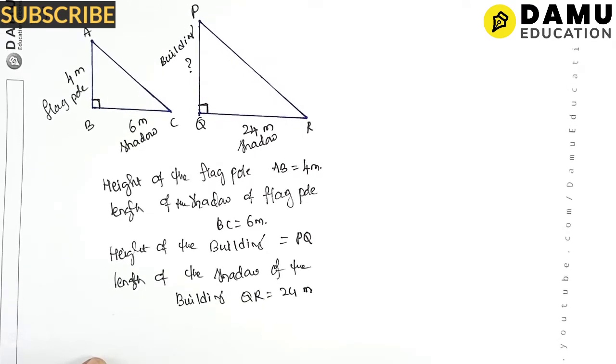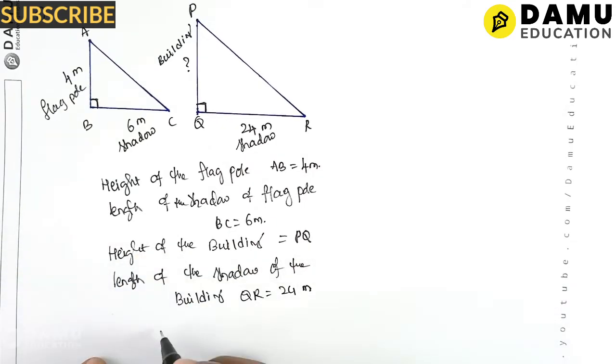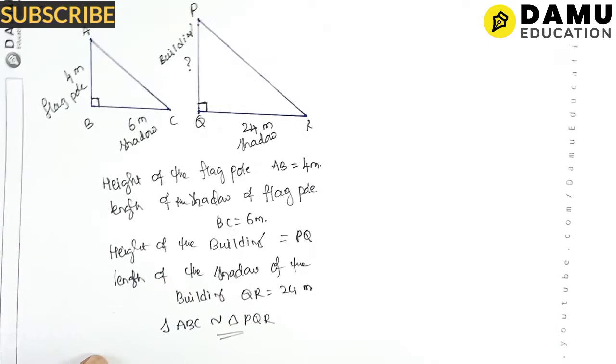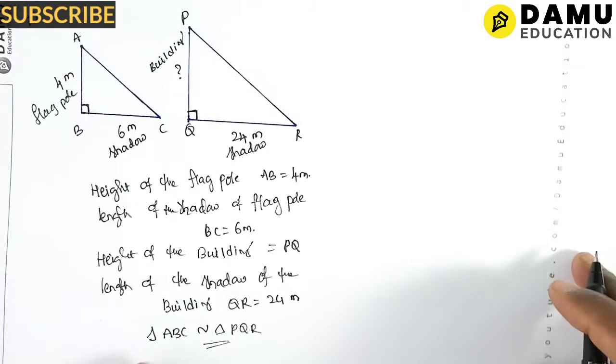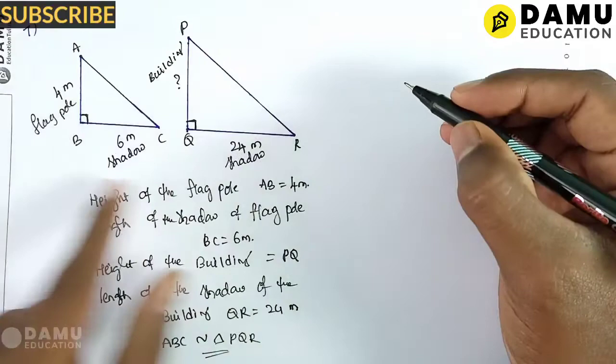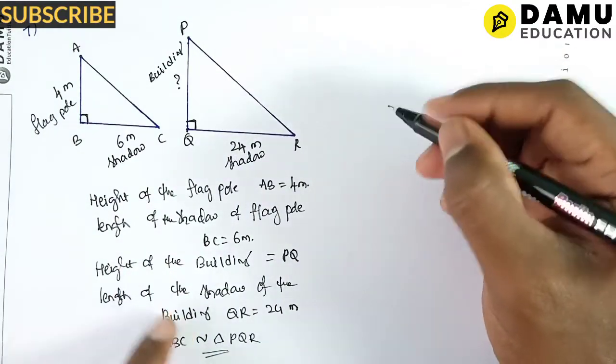From the figure, according to the data, triangle ABC is similar to triangle PQR. So we can use the similarity criterion here. By the similarity criterion, the ratios of the sides of the triangles will be equal.